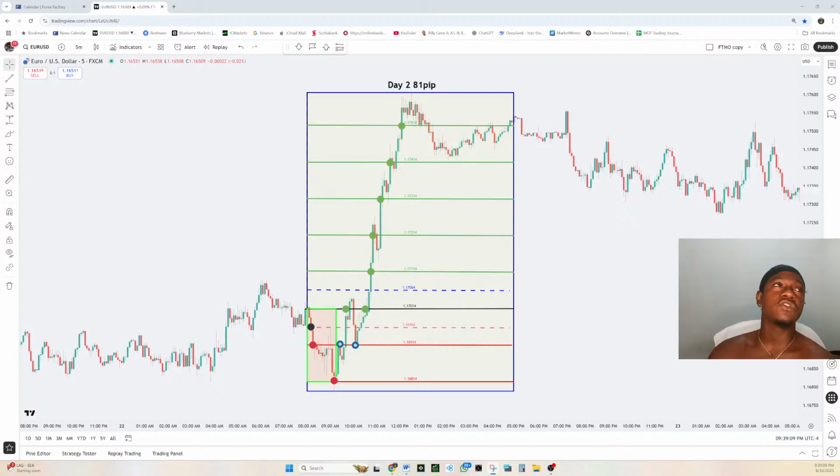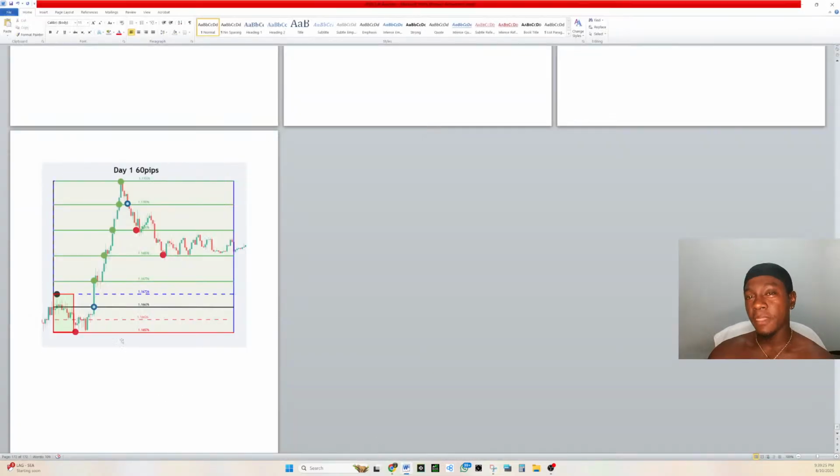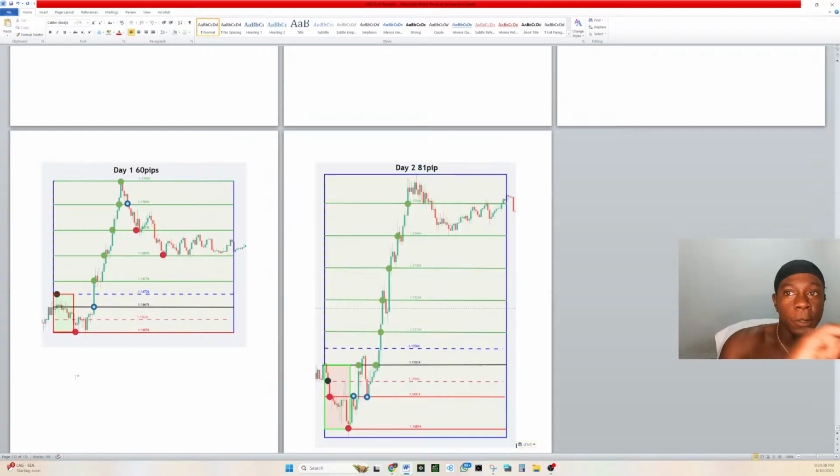So I need everything on Dropbox, everything on the cloud, everything on my email. The most important stuff, like all the videos, are probably on my phone, so it's safe there. But my technical analysis, my theories and stuff like that I put on Word, and all the documentation, I need that on the cloud.